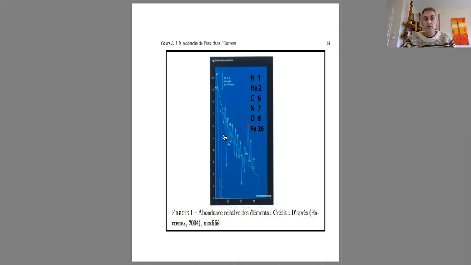It's nuclear fusion inside stars that is creating all these elements up to iron. We did mention that you can produce elements up to iron inside stars. It takes a star more massive than our sun, but you can generate all these elements up to atomic number 26, corresponding to iron.